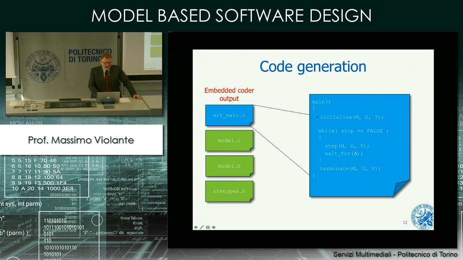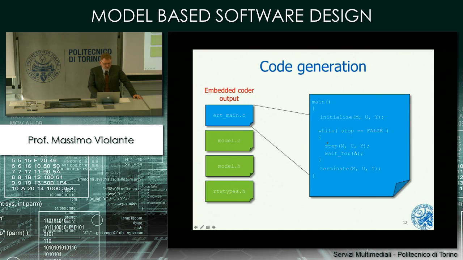And the general idea of the file is the following. You have a main that initializes the model, invoking the initialize function once. Then, until we are at stop time, we step the model.